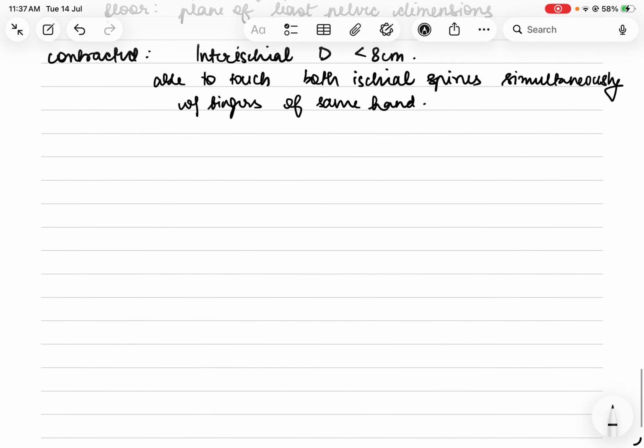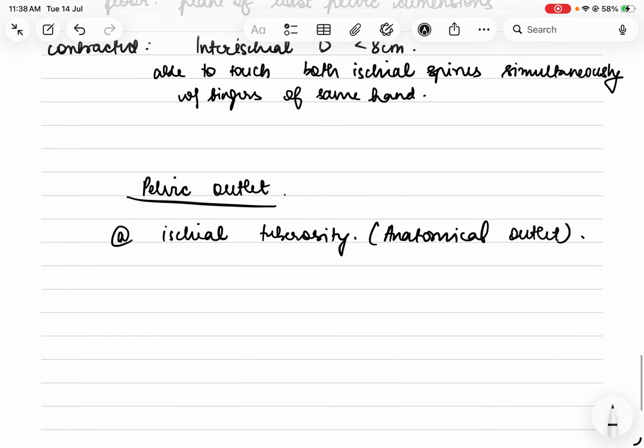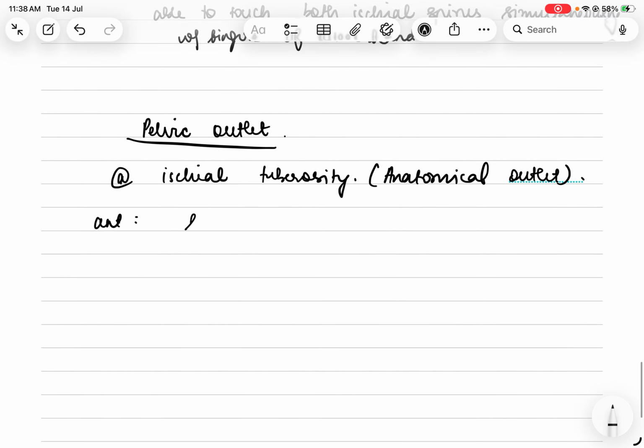Now the last thing is the pelvic outlet. The pelvic outlet lies at the level of the ischial tuberosity. Anatomical outlet. The boundaries: anterior is the lower border of the pubic symphysis, posterior is the tip of the coccyx.